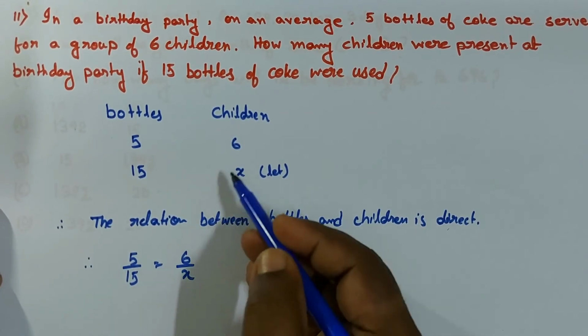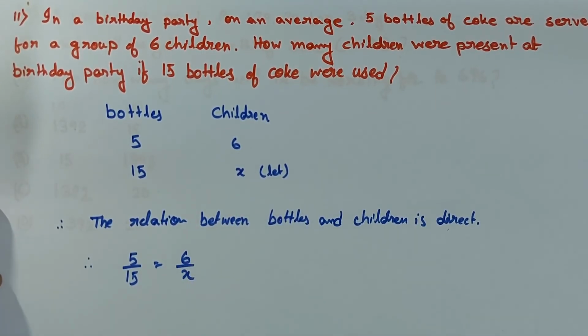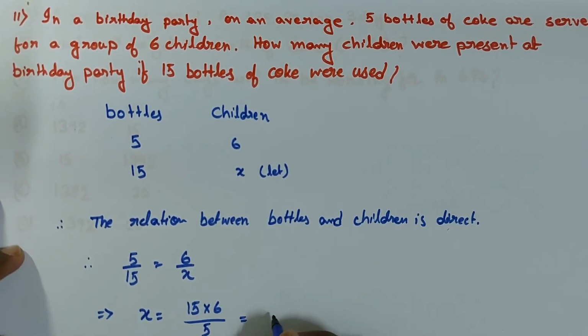If it is inverse proportional, then it will be x by 6 like the previous math. Okay, so 5 by 15, the value of x is equal to 15 into 6 by 5. So this is 18. Okay, x is equal to 18.